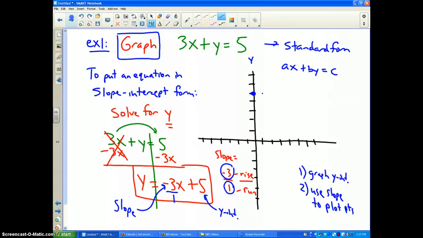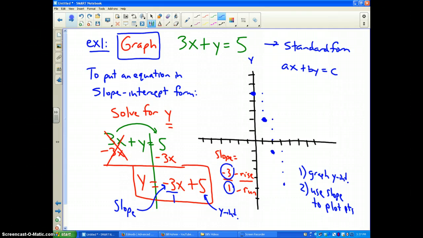So I go over 1 and then down 1, 2, 3. That's the next point on my line. And I'm going to do it again because, as I mentioned in an earlier video, we need 3 or 4 points to graph. So I'm going to go over 1 and down 3, and again, over 1 and down 3.